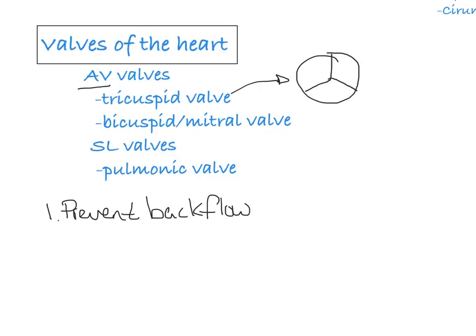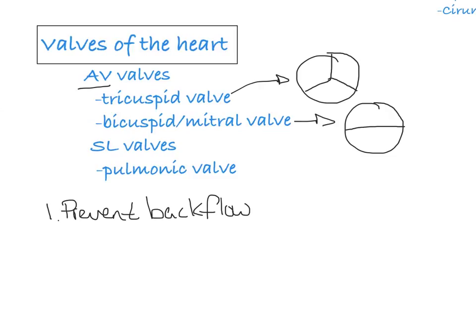If we look at the other one, the other AV valve, this guy right here, this AV valve is what they call the bicuspid, also known as the mitral valve, and he looks a little something like this. Bi meaning 2, so he's going to have just 2 cusps right there, and he's going to be on the left side.